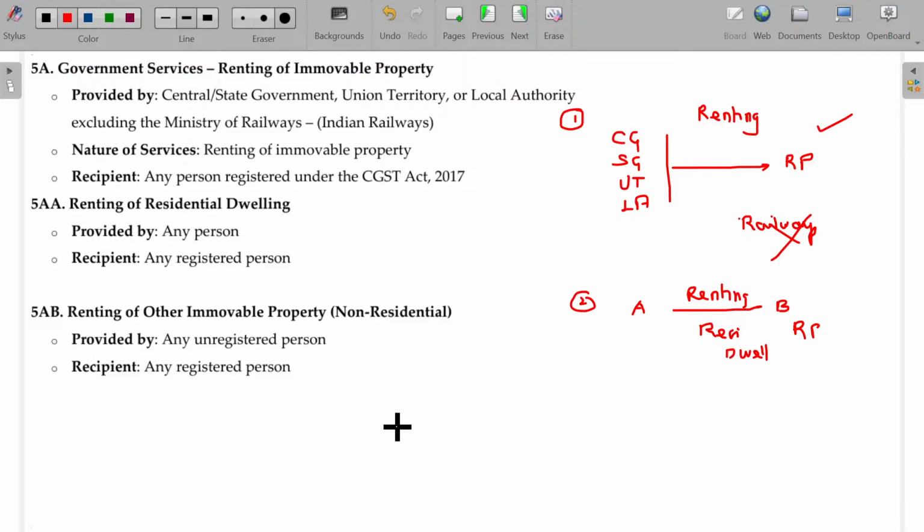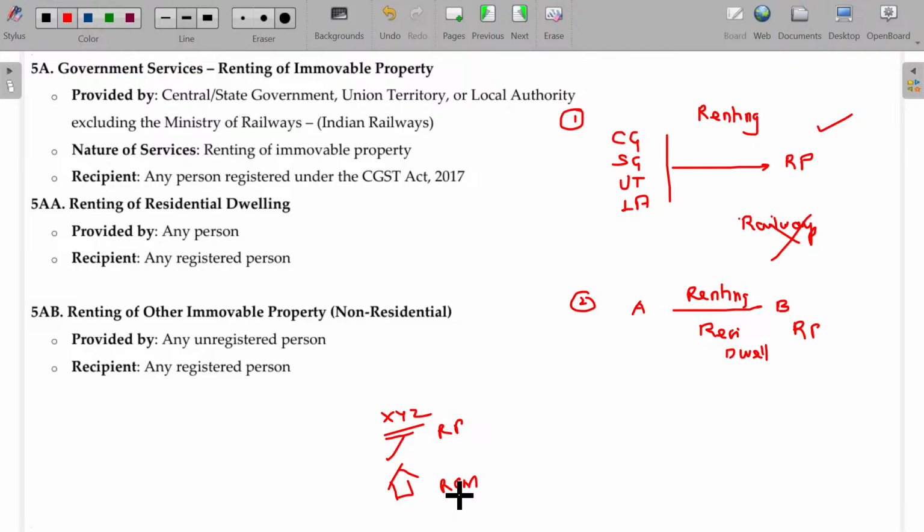For example, XYZ firm, a registered partnership firm, takes a residential house on rent to accommodate their guest partners when they visit the head office. The rent payable for this house property will be subject to GST, on RCM basis.